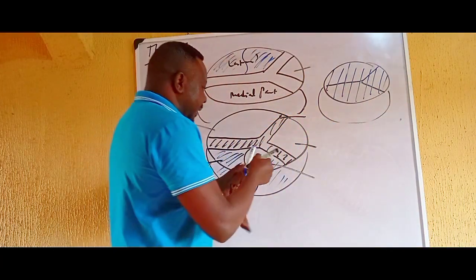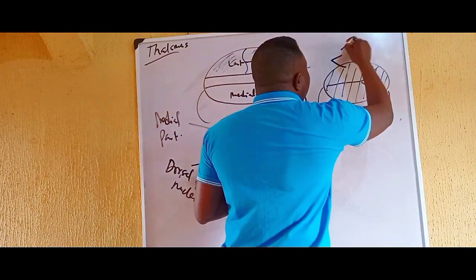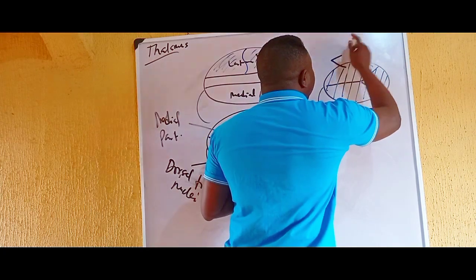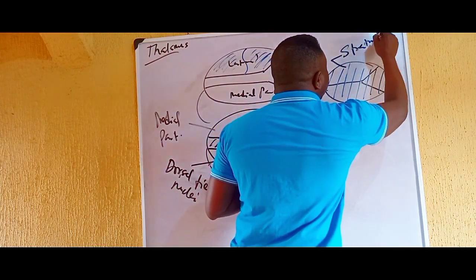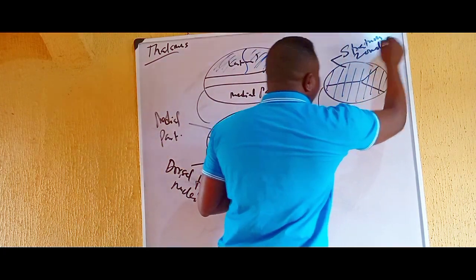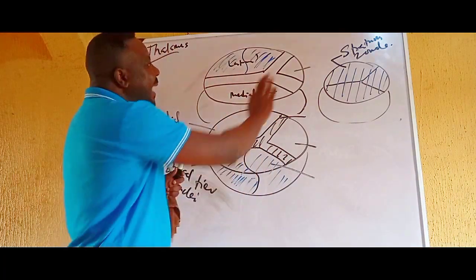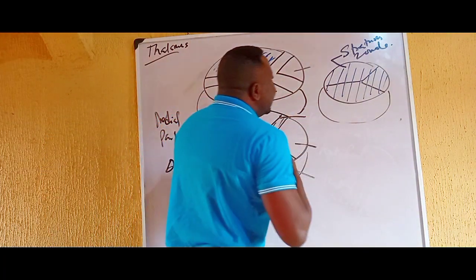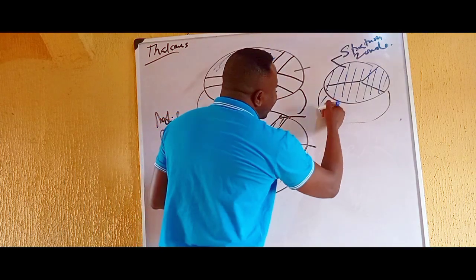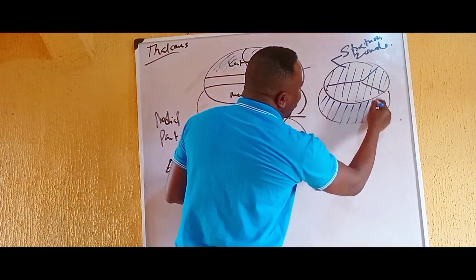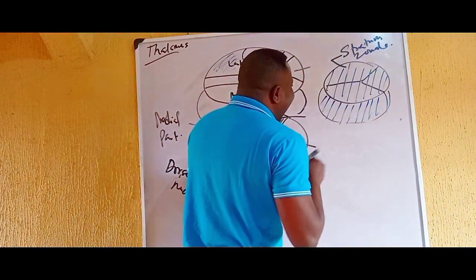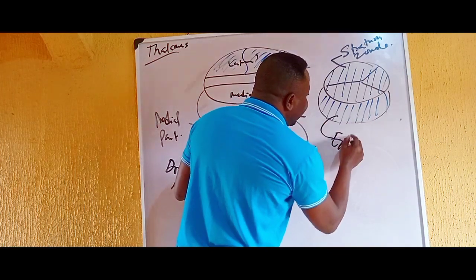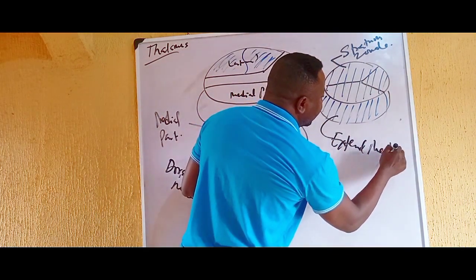This white matter sheet is called the stratum zonale. Then, on the lateral surface of the thalamus, there is another white matter sheet that covers the thalamus. That white matter sheet is called the external medullary lamina.